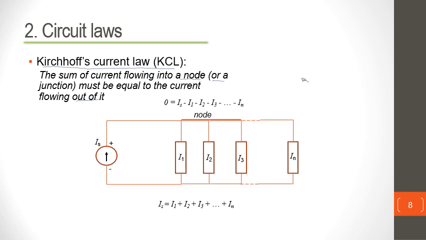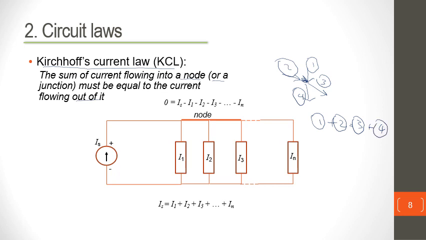So if you have a junction and you have currents flowing in and other currents flowing out, so if you have current 1 flowing in, current 2 flowing in, current 3 flowing out, and 4 flowing out, it simply means the current in 1 plus the current in 2 have to be equal to the current in 3 plus the current in 4.